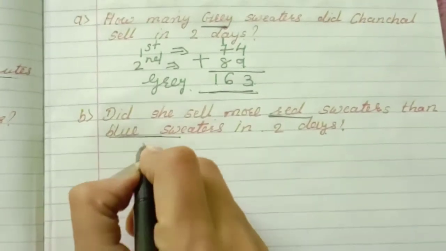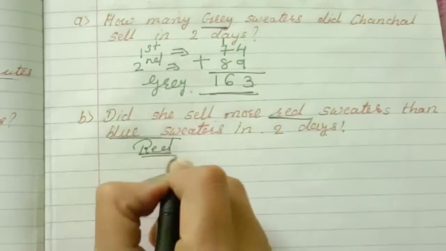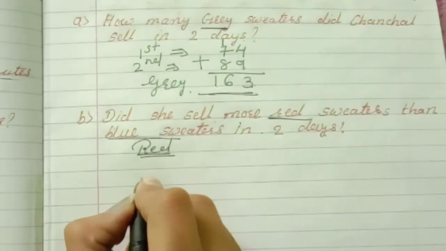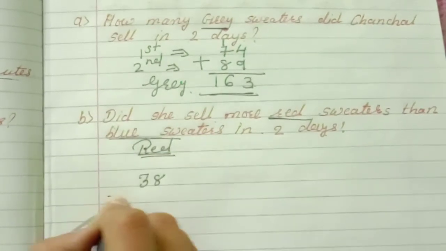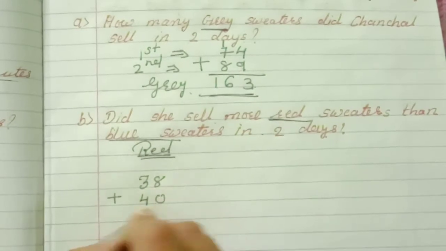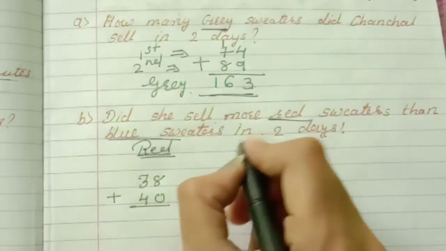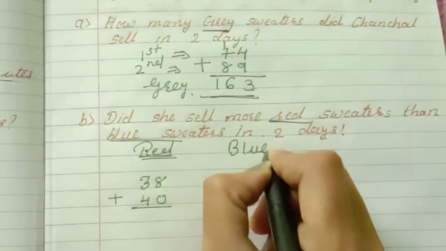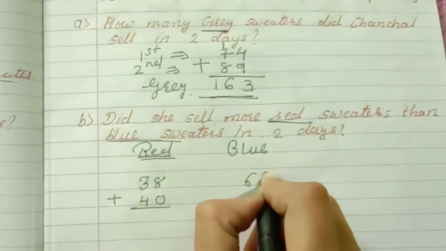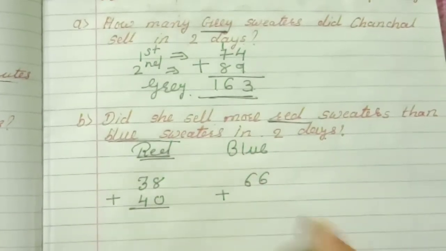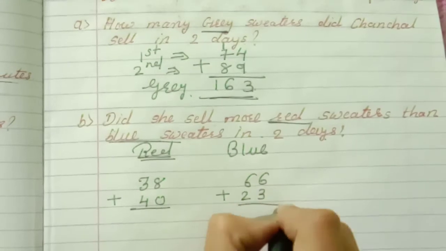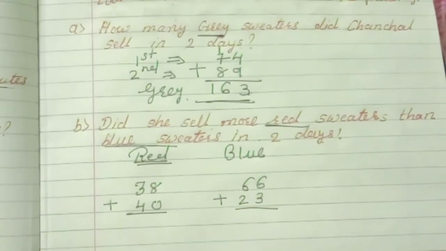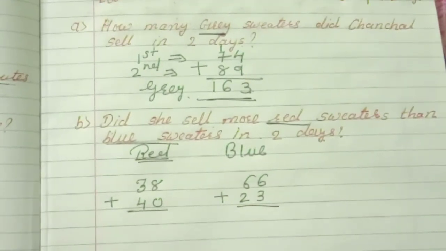For red, first day she sold 38 and second day she sold 40. And blue, first day she sold 66 and second day she sold 23. Now we will add because we have to find out the total number of sweaters.